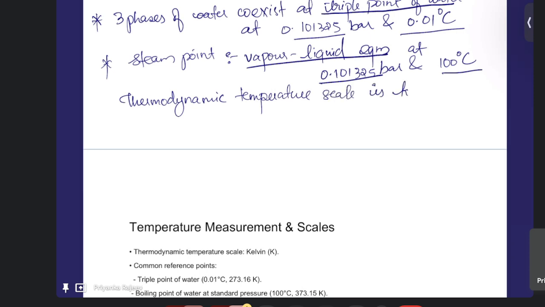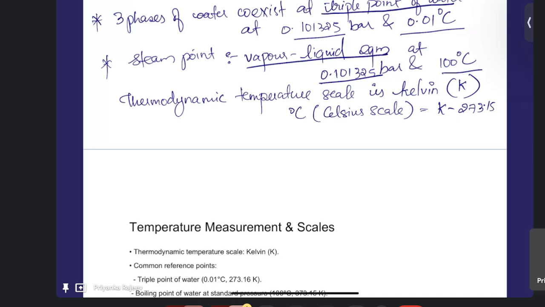The unit is Kelvin, written with a capital K. And we usually use degree centigrade, which is the Celsius scale. The Celsius scale is Kelvin minus 273.15, which gives degrees Celsius.